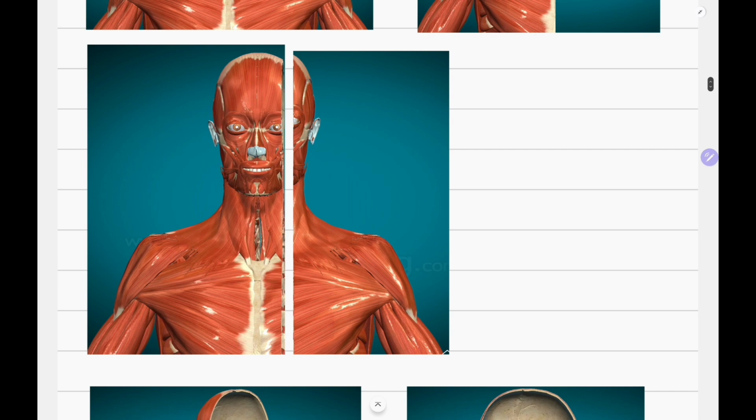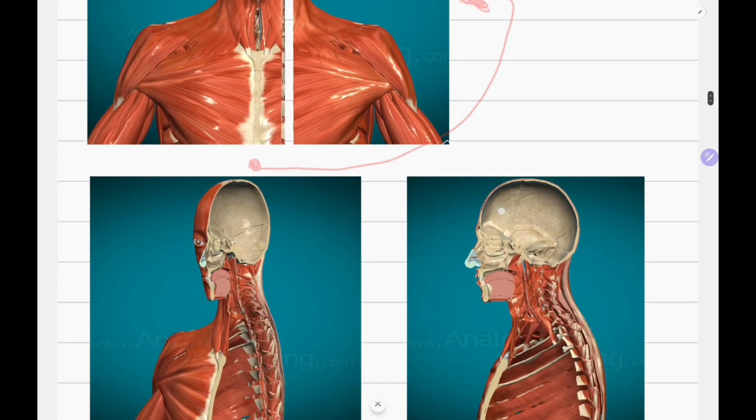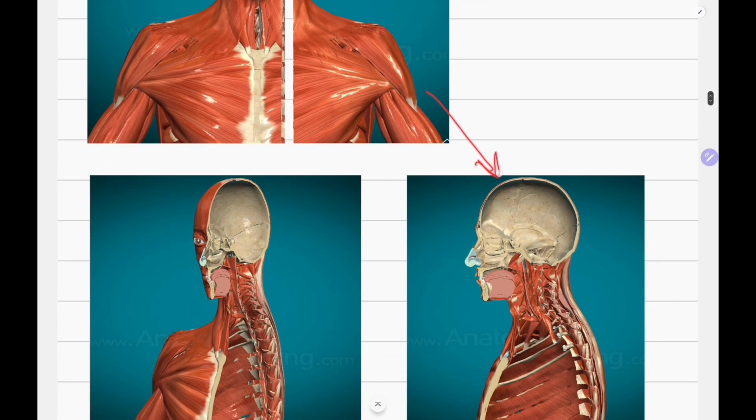So if I am standing in front of this person and section this, I have to remove one part or the other. Suppose I have removed this left part, and if I turn around 90 degrees and view the remaining right half from this angle, what I'll get is something like this.